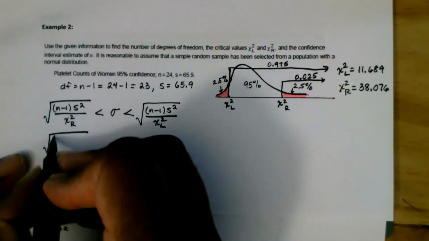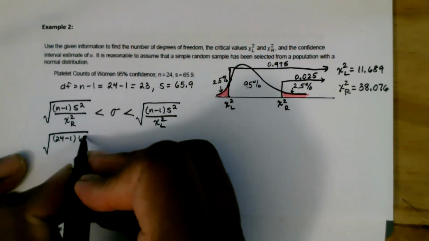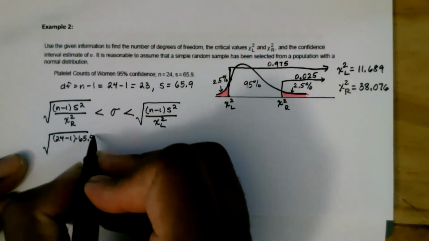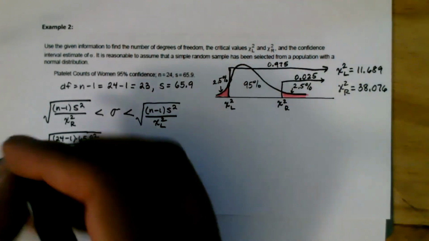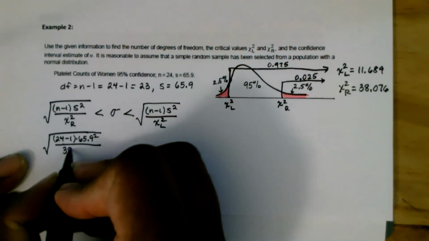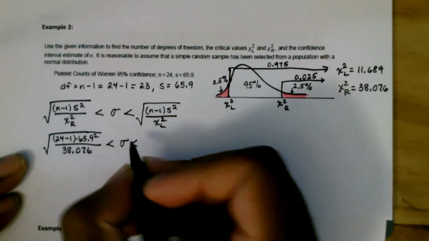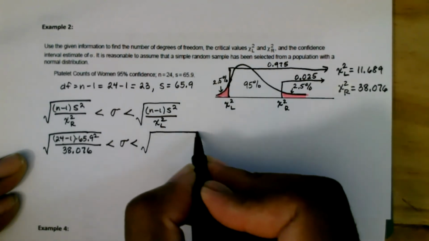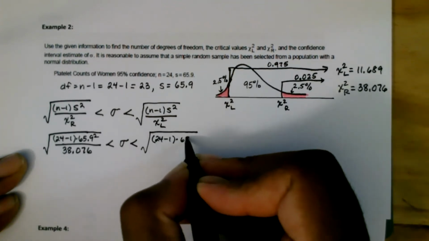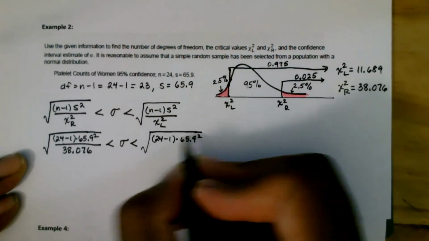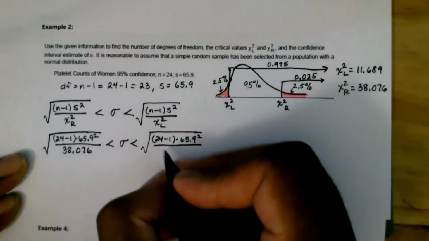So I have the square root of 24 minus 1 times S, which is 65.9, squared, divided by the chi-square value on the right, 38.076, less than sigma, less than the square root of 24 minus 1 times 65.9 squared, divided by the chi-square value on the left, which is 11.689.